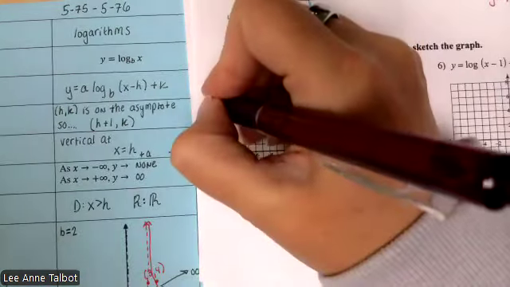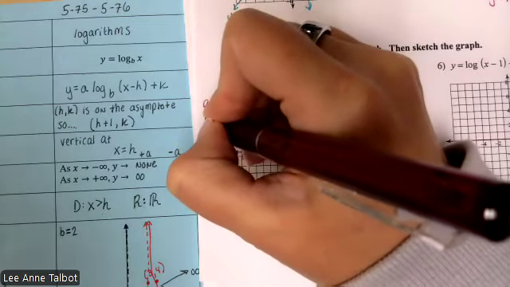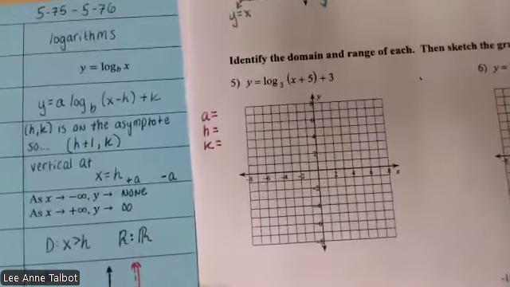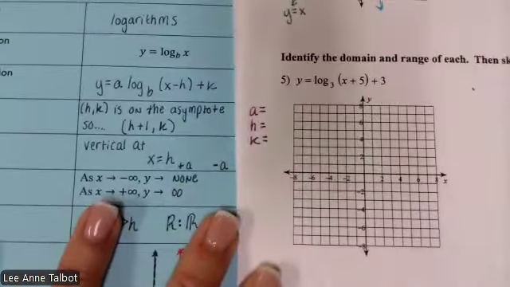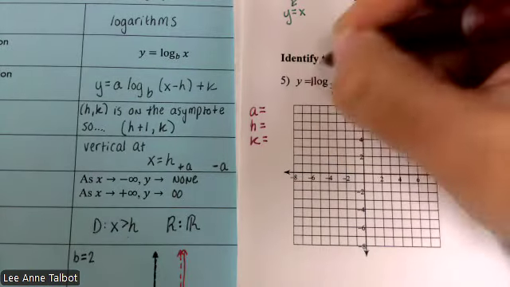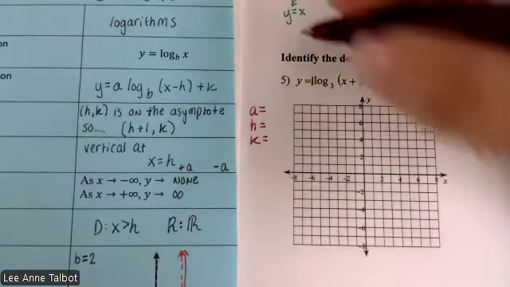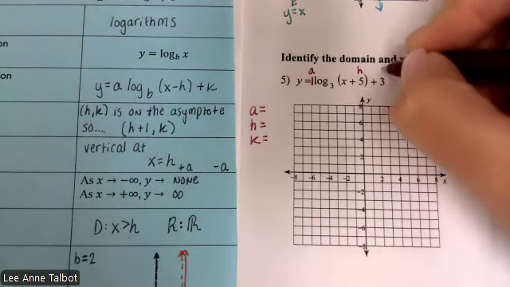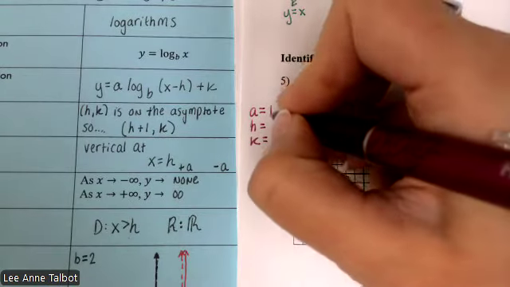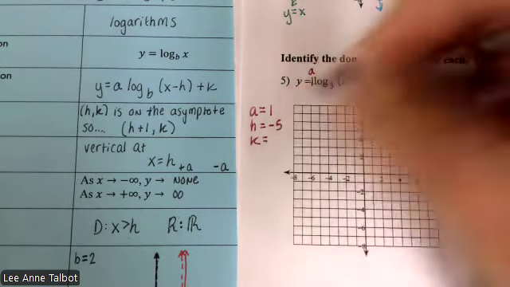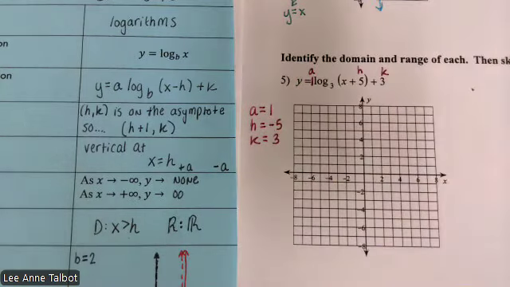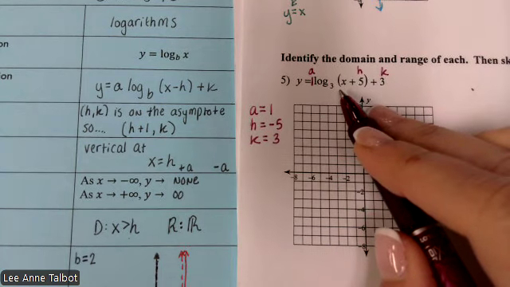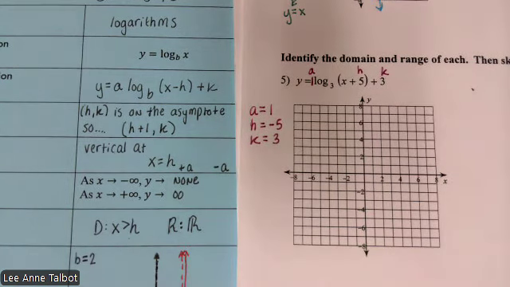I think it's easiest to start by labeling a, h, and k because I like to use those in my formulas. a is 1, and if you want to, you can put a 1 in front of the log. h is -5, and k is 3. So a is 1, h is -5, k is 3. And I labeled these because I didn't want you to think k was 3 from that little baby thing, although I don't think you would have, but just trying to make sure.